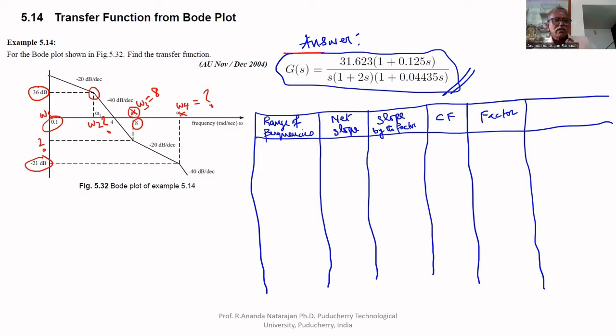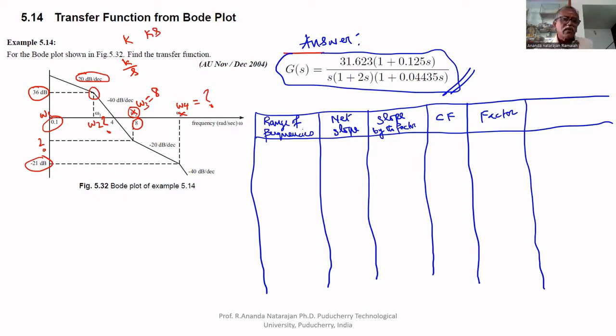The first thing is, if it is a negative slope of minus 20 dB per decade, it means K by S. If it is horizontal, it means K only, that we know. If it is a positive slope of 20 dB per decade, it means Ks. So these are all we know.